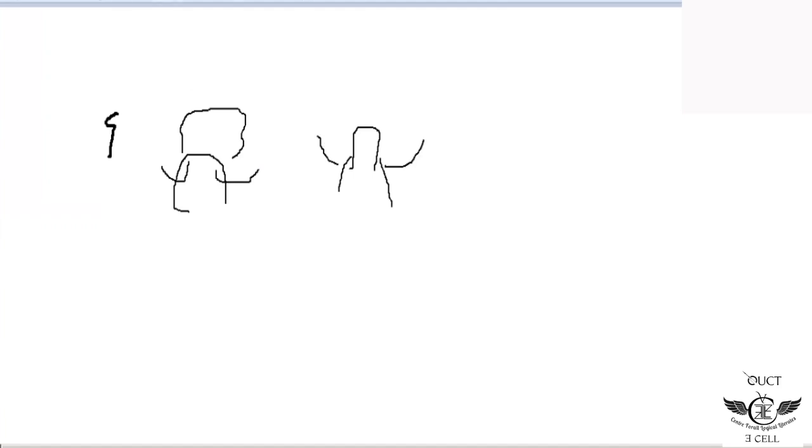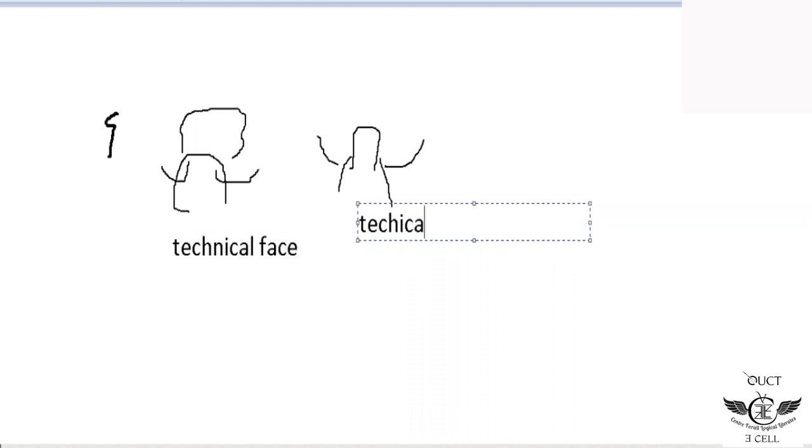This is technical face and this is technical back. Let me write here. So many people will get confused about which is technical face and which is not. So you can see this is technical face and this is technical back.